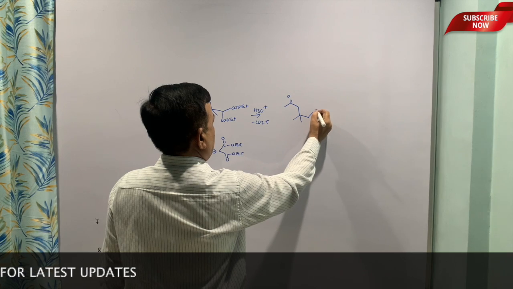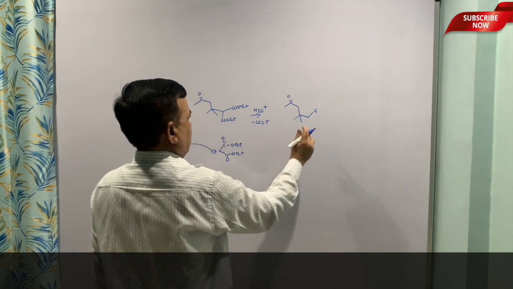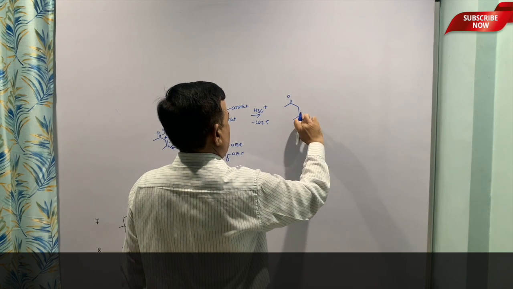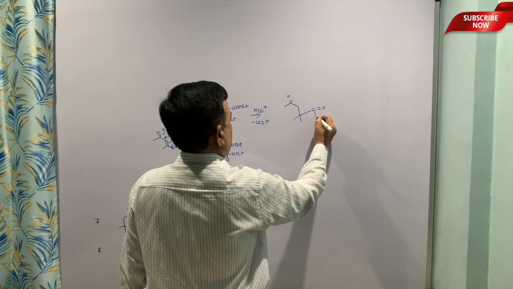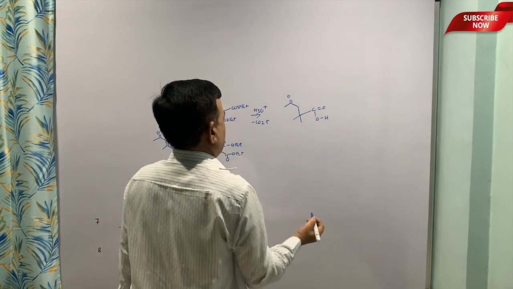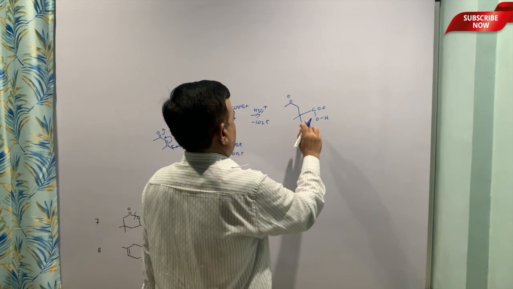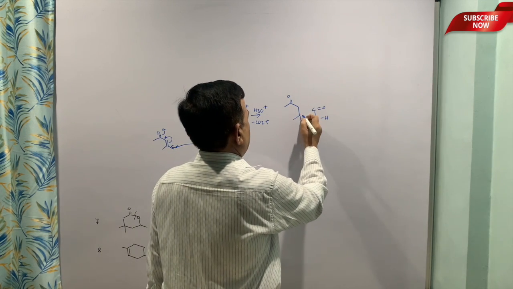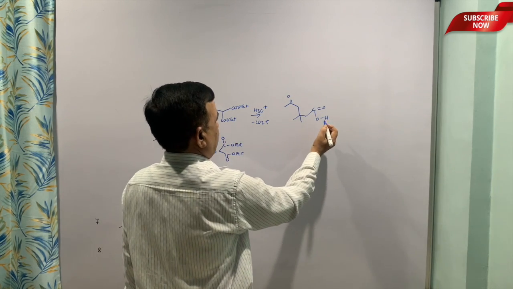CH2. Okay, now this is, let me put it this way, CH2, and then this is that intervening CH2 and COOH.